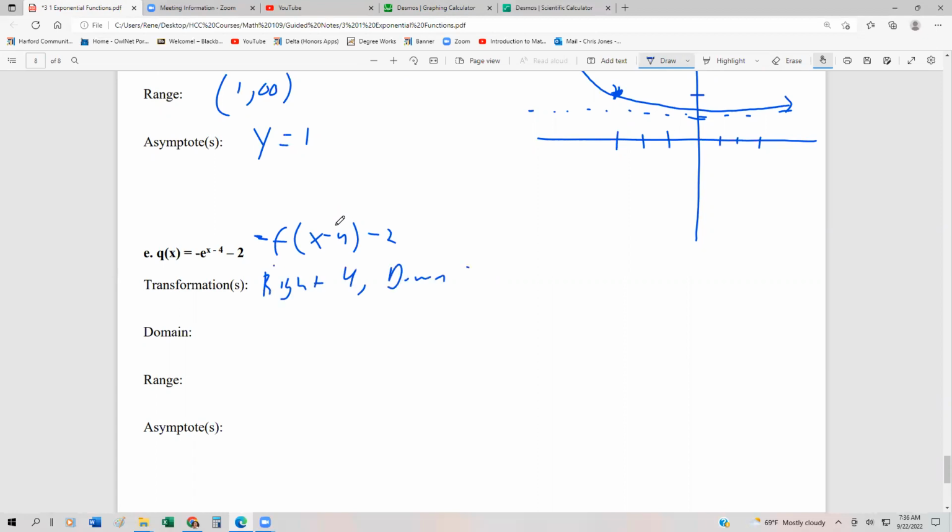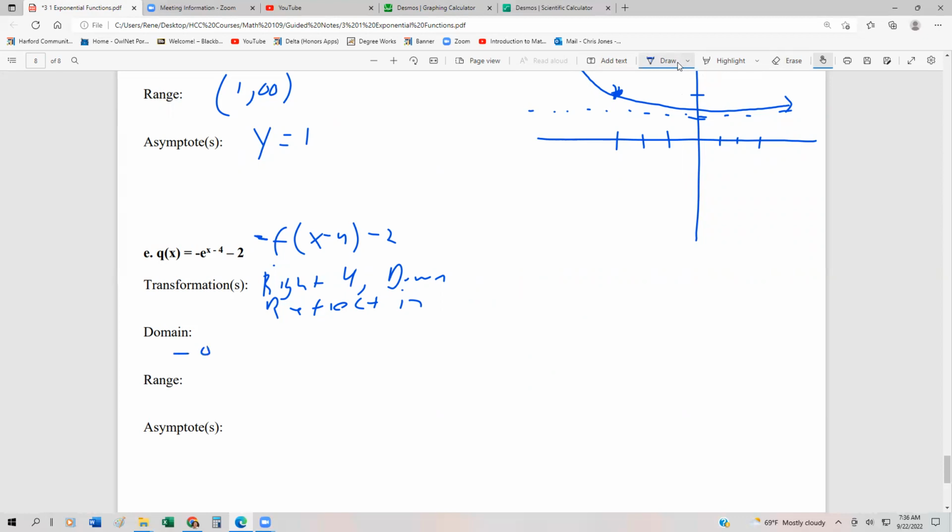We're going to move down 2 units. And we're going to reflect in the x-axis. Now, technically, what we're going to be doing is reflecting in the asymptote. So what we're going to do is reflect once we get the asymptote. We'll figure that out.